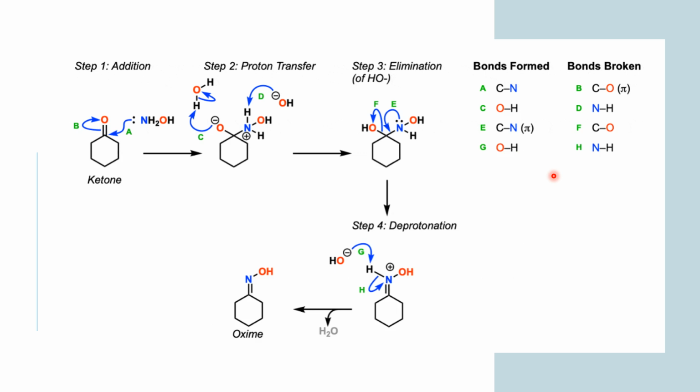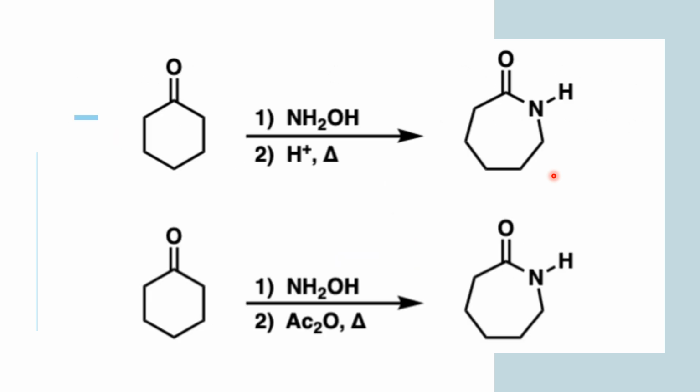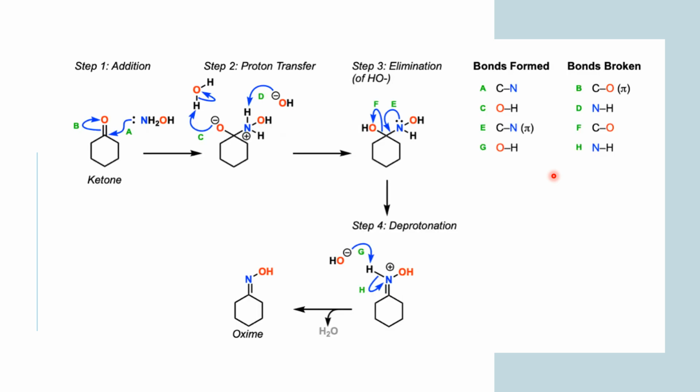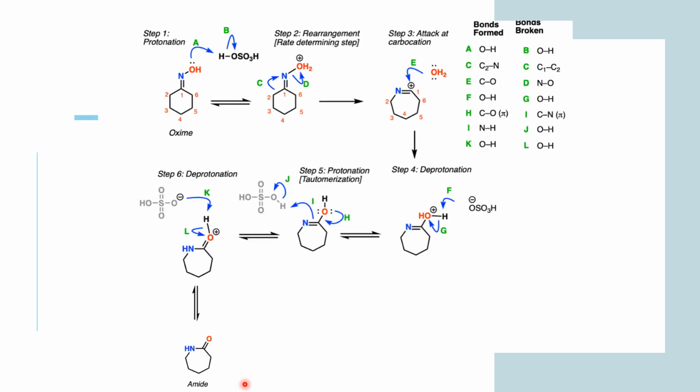You just have to look at the reaction conditions, and as you start with the reaction of the ketone and the hydroxylamine, automatically you will move forward towards the end product, the amide.